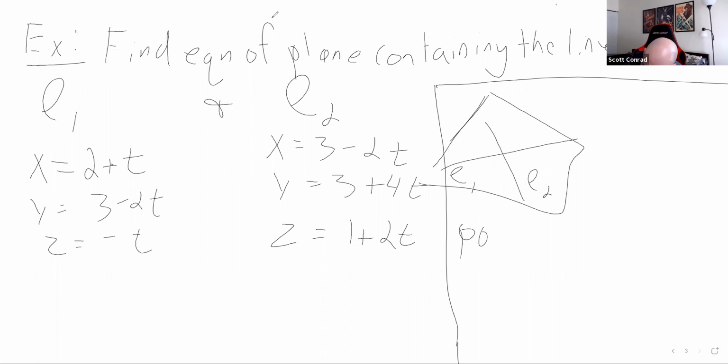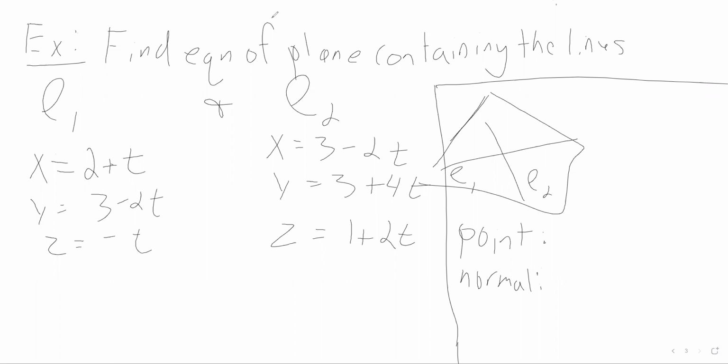As always, we need to find a point, and we need to find a normal vector. So how do we find a point? What would be a point in this?